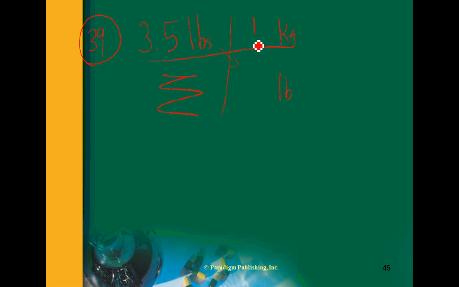So we know 1 kilogram is equal to 2.2 pounds. And then you multiply across: 3.5 times 1 is 3.5, divided by 2.2. And 3.5 divided by 2.2 would equal 1.59, which you can round to 1.6 kilograms.